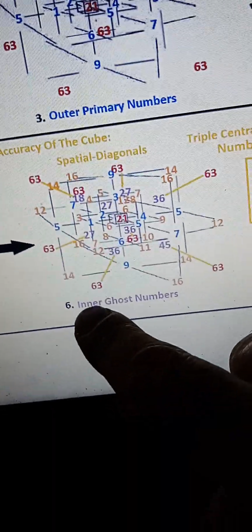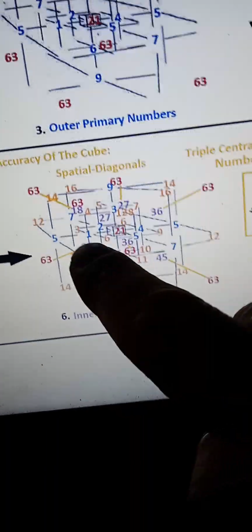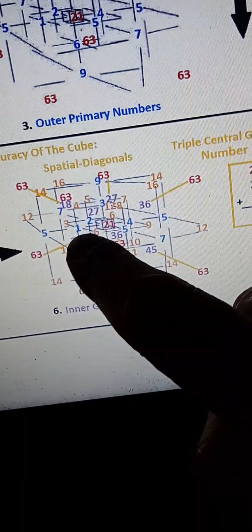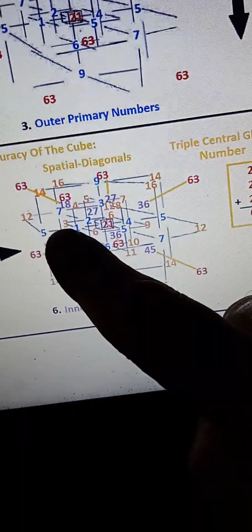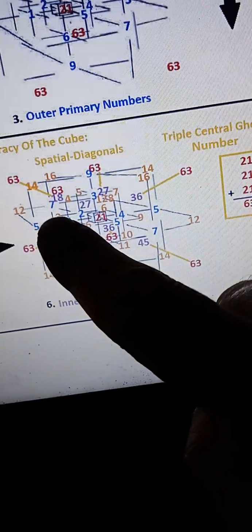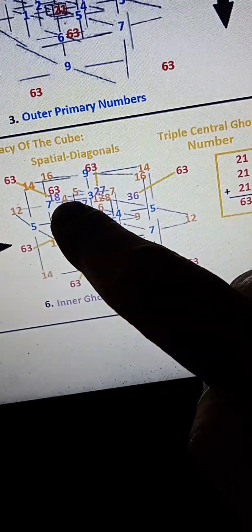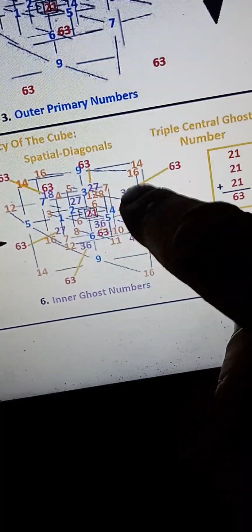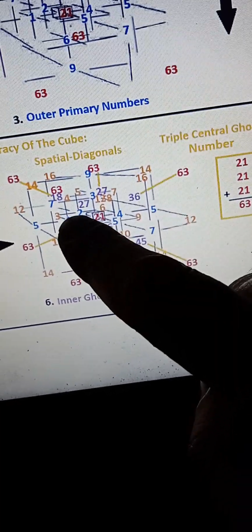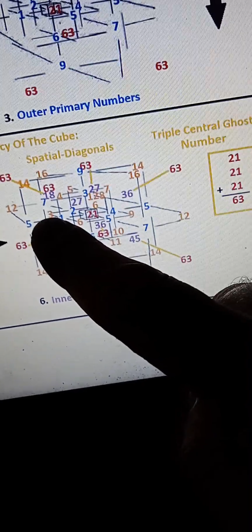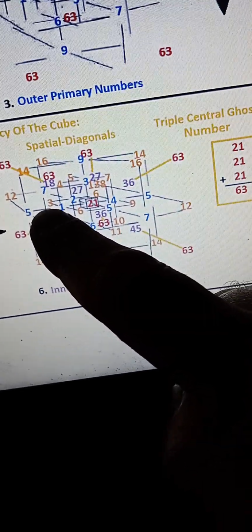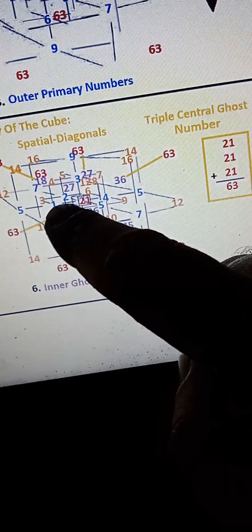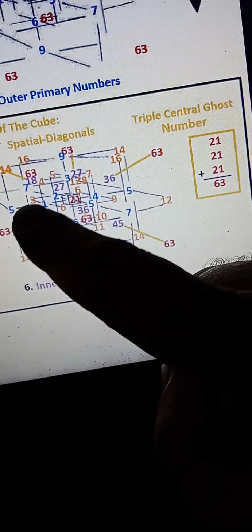And all the inner ghost numbers, and they're purple, are the accumulation or the sum, in this case we're in the addition cube, of the inner octants. I call them octants because there's 8 openings to a cube in 3-dimensional space. We call them quadrants for a flat coordinate system, so I call these octants.